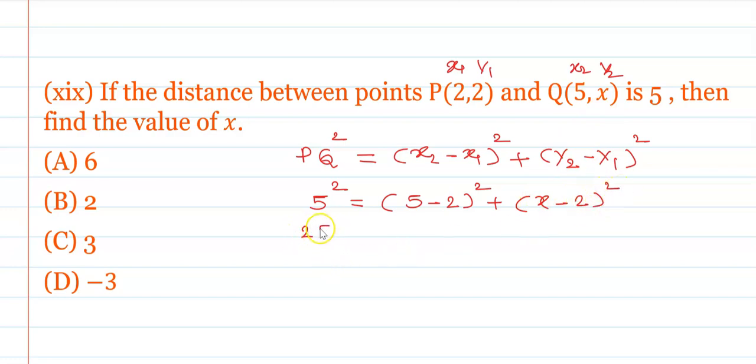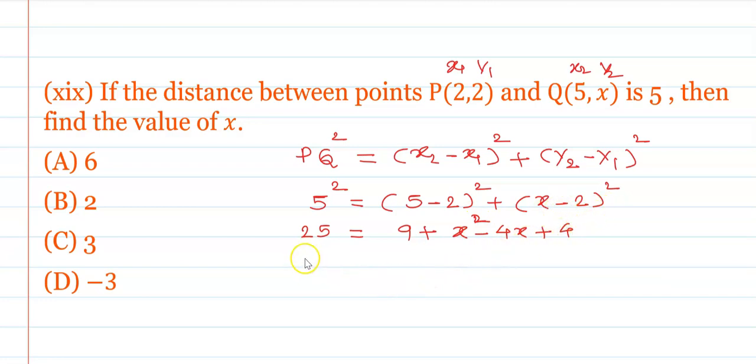हे simplify करणार. 5 square is 25. 5 minus 2 is 3. 3 चा square किती येणार तर 9. (x minus 2) bracket square expand करणार. That is x square minus 4x plus 4, according to (a minus b) bracket square.